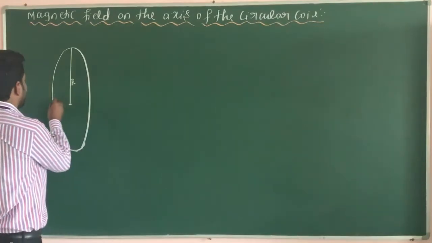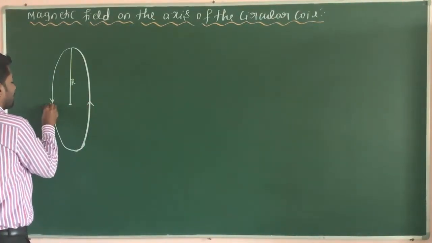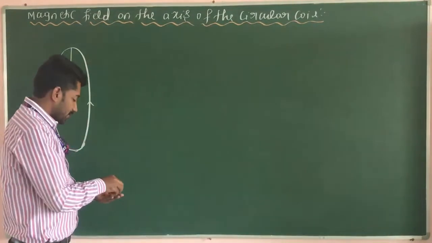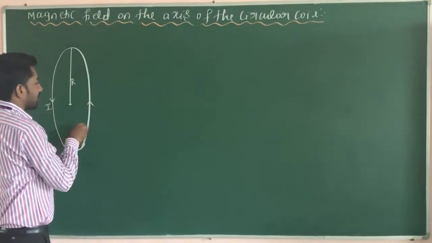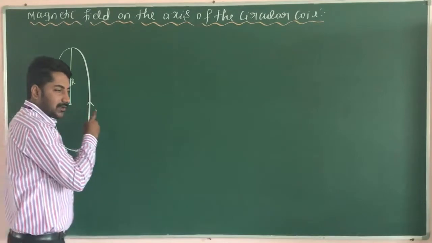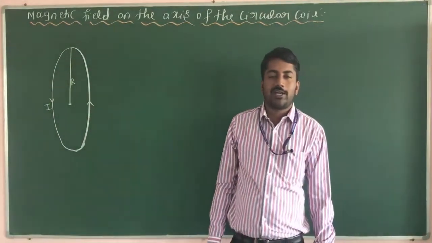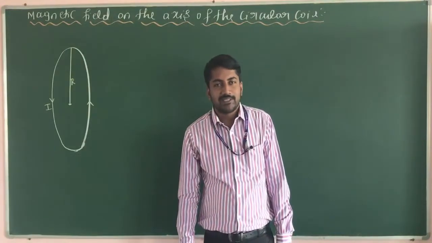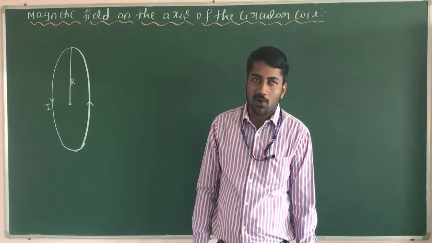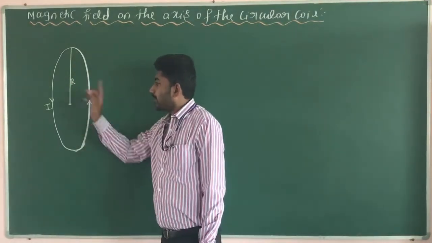When the current I is flowing in this circular coil, the magnetic field is produced around it. According to the conclusion of Oersted's experiment, the magnetic field is produced due to the current carrying wire or current carrying conductor.